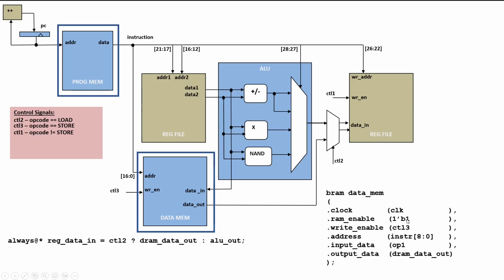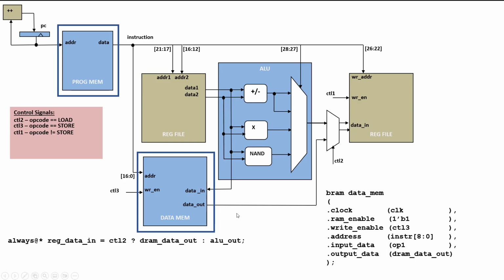So we have connected it to 1, and we have connected write enable to control 3, just like this, and address to instruction 8 down to 0 in this case, because we are using a smaller BRAM. Otherwise it was 16 down to 0.